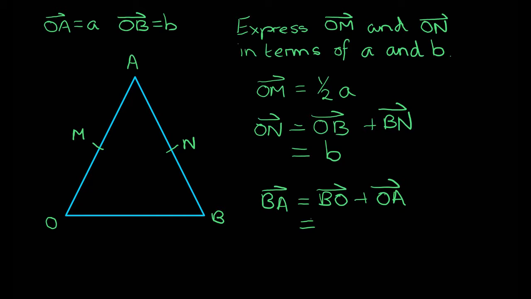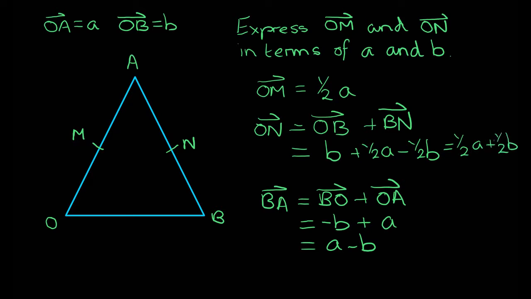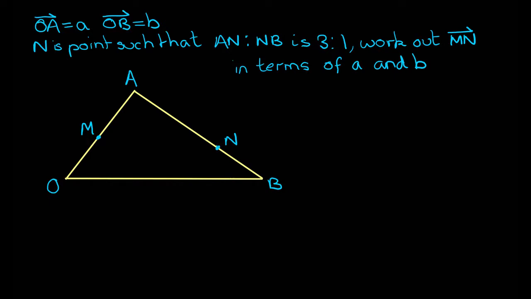So instead of being B, it's going to be minus B. But O to A is straightforward, that's an A, and then turning that all around we've got A minus B. So remember B to N is just half of that, so that means we've got plus a half A minus a half B here. That means if we tidy all of that up, we're going to have a half A plus a half B.